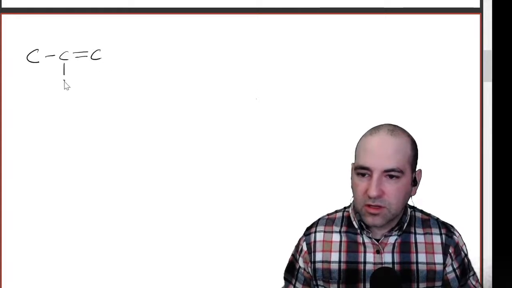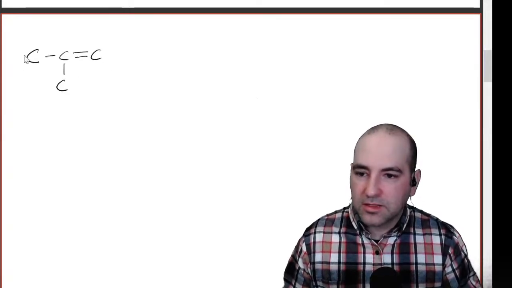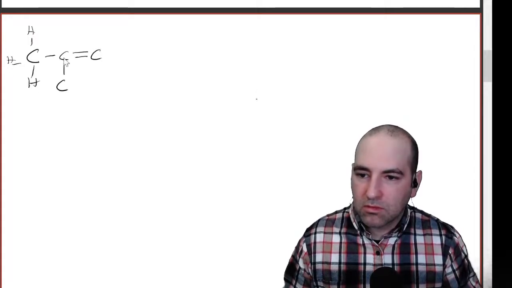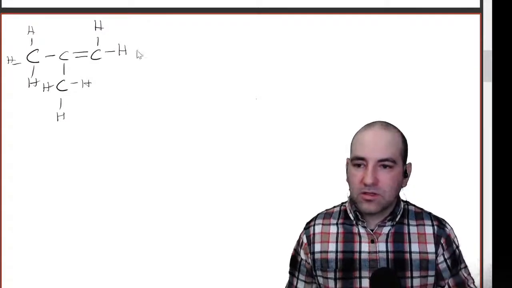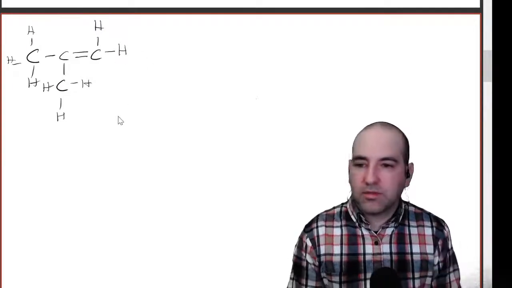Let's say we have a structure that looks something like this with a double bond. Whoops, there would be no hydrogen there because that carbon already has 4 bonds. Okay, let's say we have something like that. So there's our Lewis structure. It's all drawn out properly.